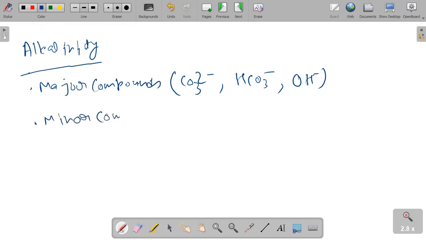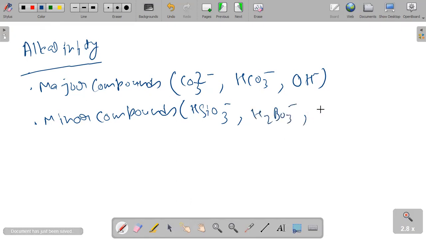The minor compounds are HSiO3-, H2BO3-, HPO4 2-, H2PO4- and HS-.